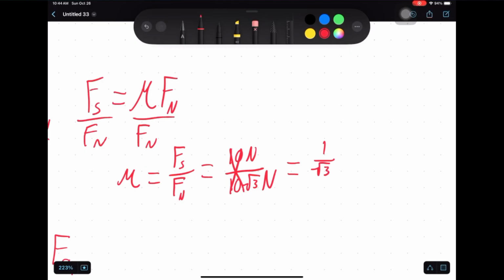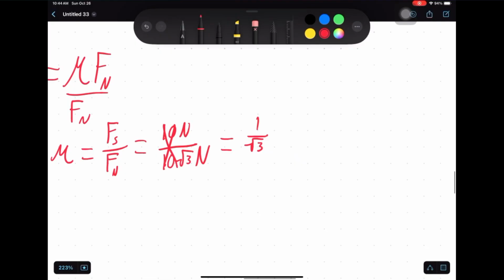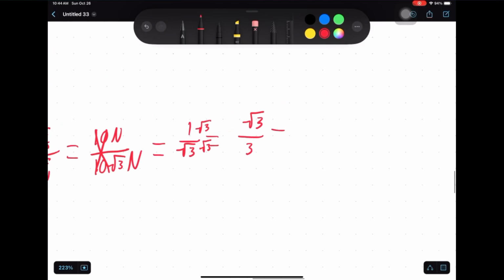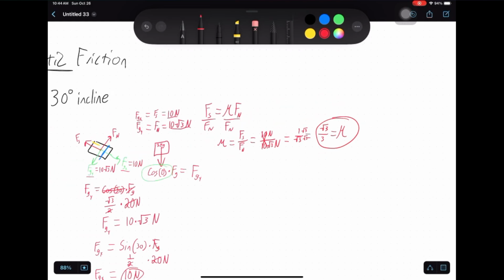Now, your teacher may not like this, so we're going to make it a proper fraction. We're going to multiply the top and bottom by root 3. Well, 1 times root 3 is going to be root 3. Root 3 times root 3, that's going to be 3. So our coefficient of friction is root 3 over 3.